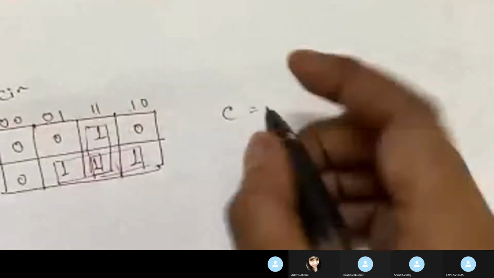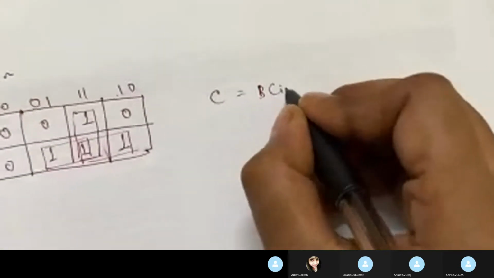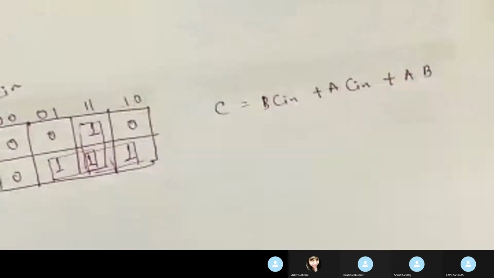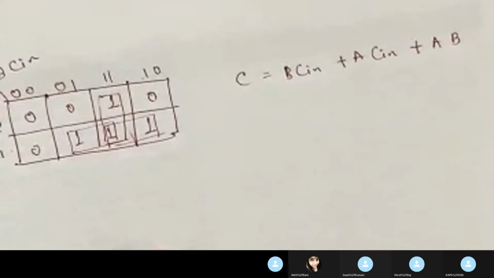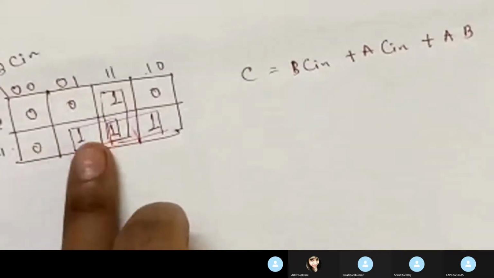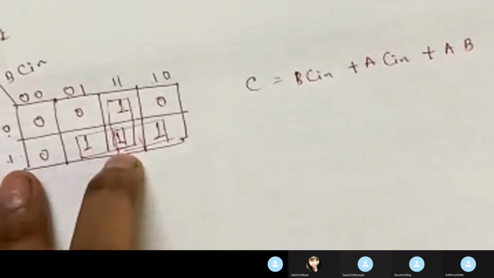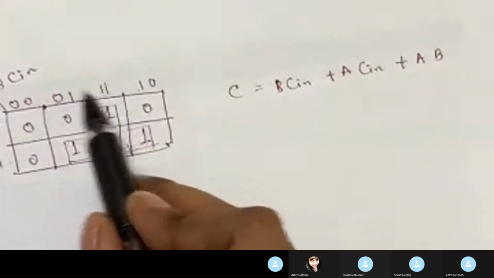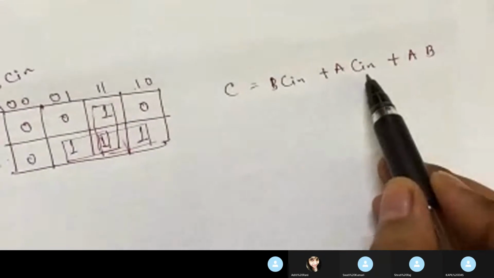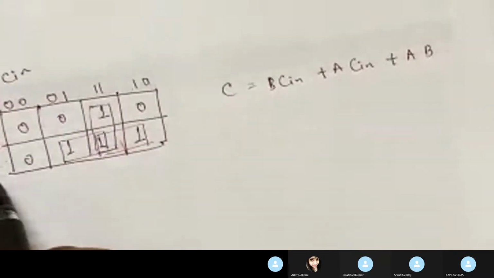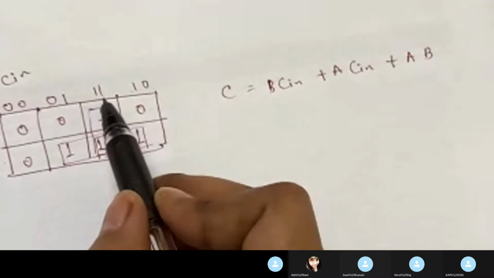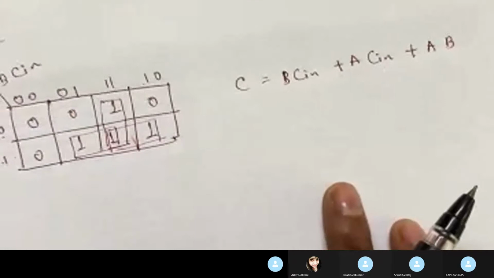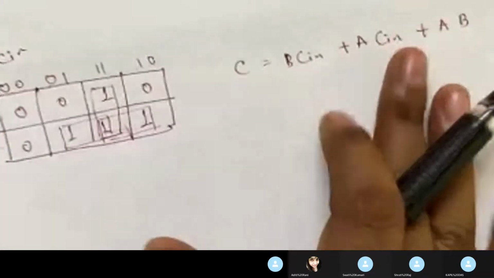So my final output will be B C in plus A C in plus A B. Right? मीन्स इन दोनों में A है, और A के साथ C in, so A C in. And for these two, it's coming like A and B. And for these two, it's coming like B and C in. So this is the function for my carry.